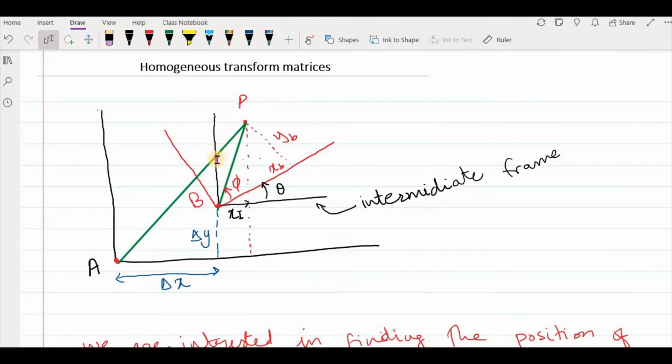We made an intermediate frame by ourselves. This actually doesn't exist. Okay, we draw it by ourselves.